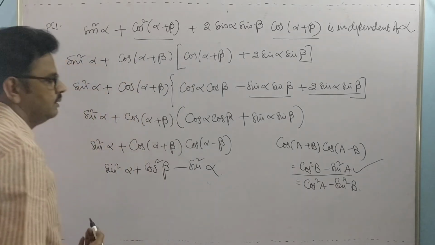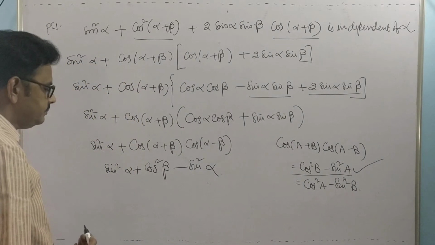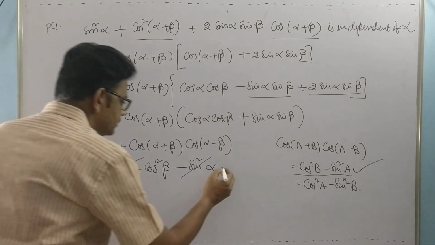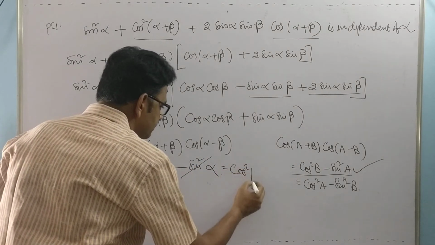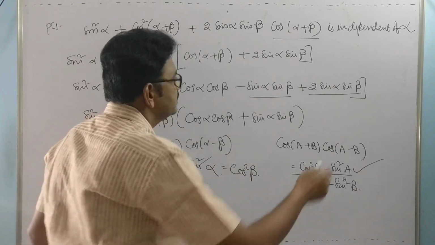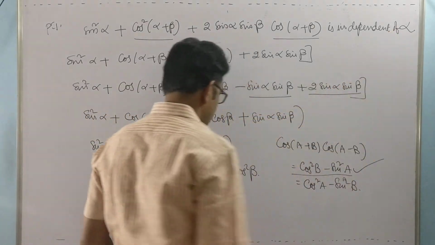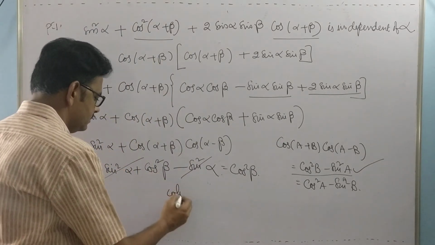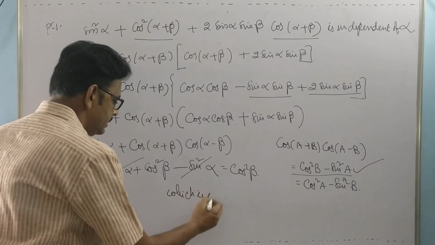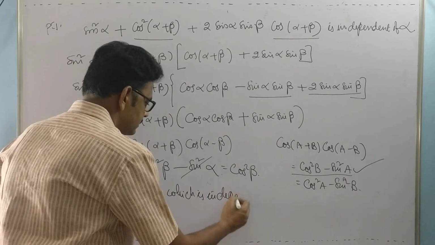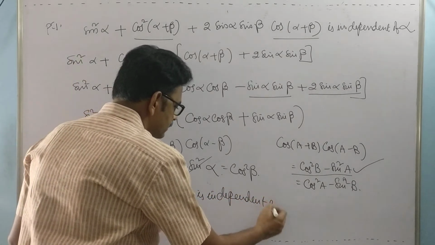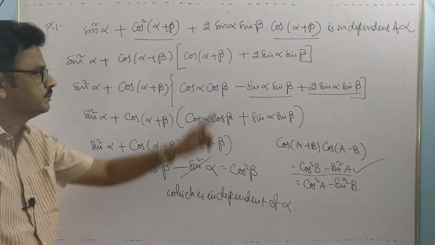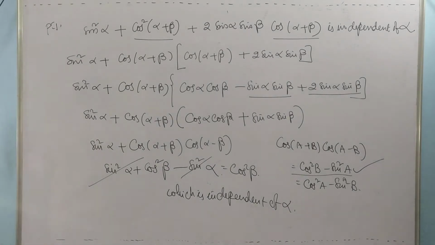So sin²α gets cancelled, which is equal to cos²β. In this one, alpha is not there, which is independent of alpha. So hence the result is over. Write down.